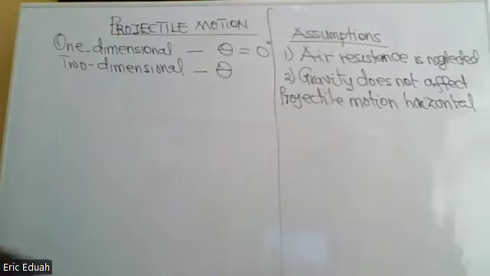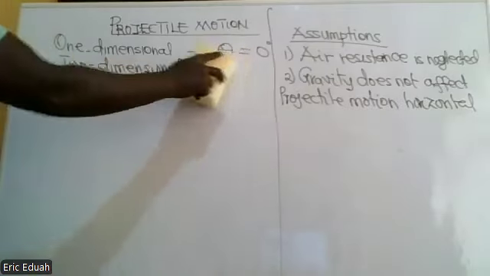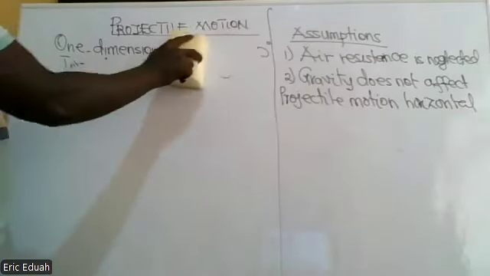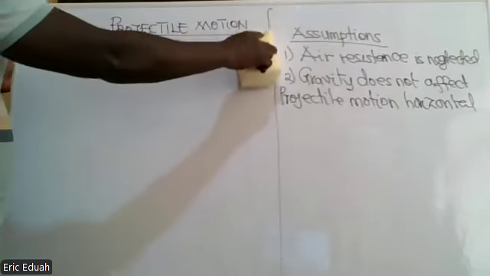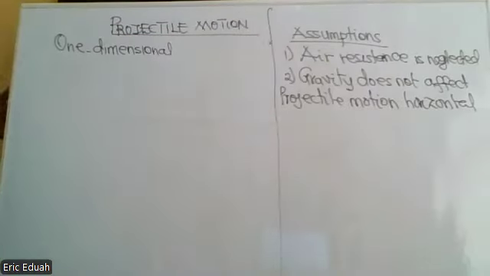All right, quickly, let's look at one-dimensional projectile motion. Then when we finish, we look at two-dimensional projectile motion. In fact, we discussed examples of projectile motion.